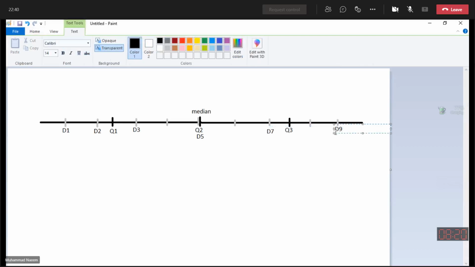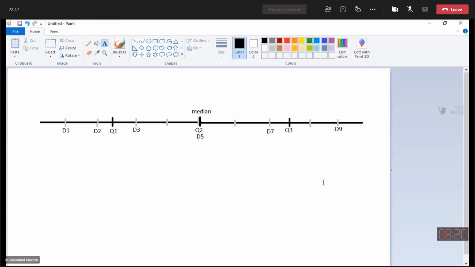So remember, quartiles are 3 in number, deciles are 9 in number.